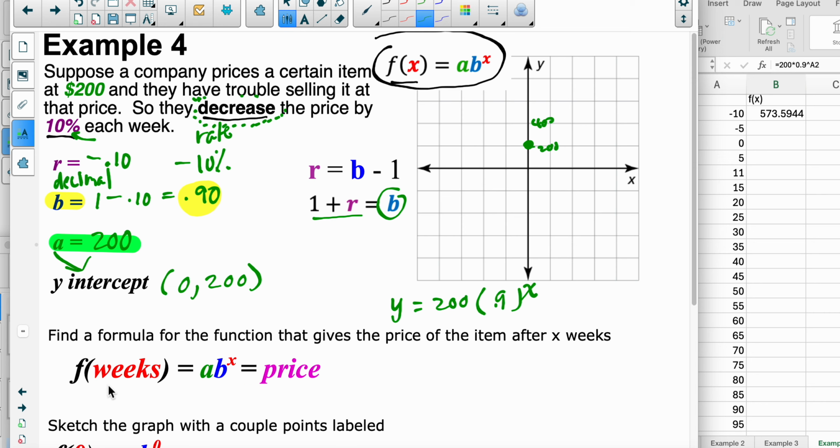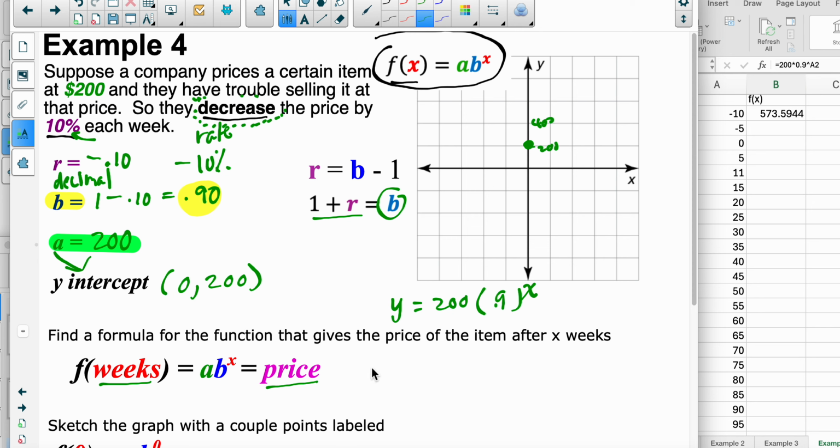And so here's my function. I'm going to input the number of weeks, and then I get an output of price, because it's telling me that I'm decreasing the price by 10% each week. So I input how many weeks go by, and my output is price.